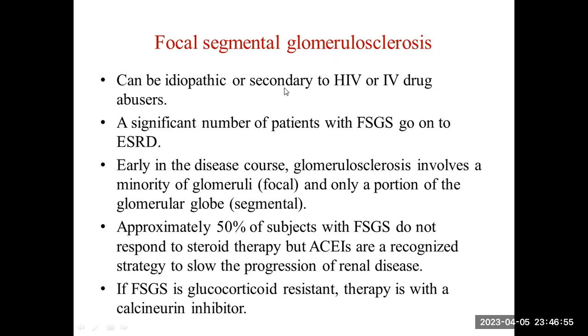This is a specific variant of focused segmental glomerulosclerosis seen in HIV and also with COVID-19. So the classical secondary causes are HIV and IV drug abusers, but again, this condition can be seen with any disorder associated with loss of nephrons and loss of glomeruli from the kidneys. So any chronic glomerulonephritis can eventually be accompanied by focal segmental glomerulosclerosis.